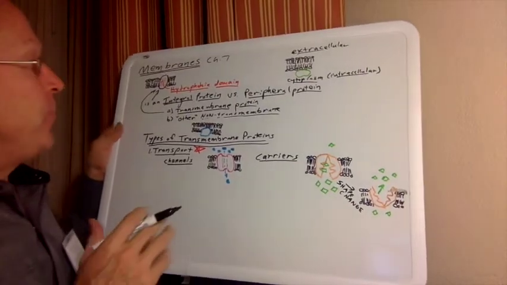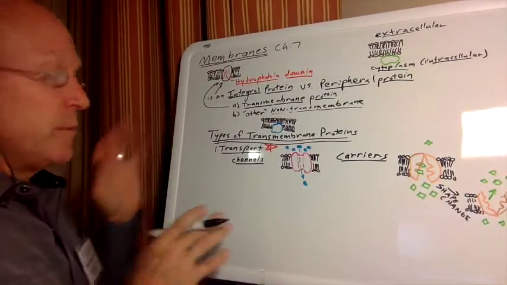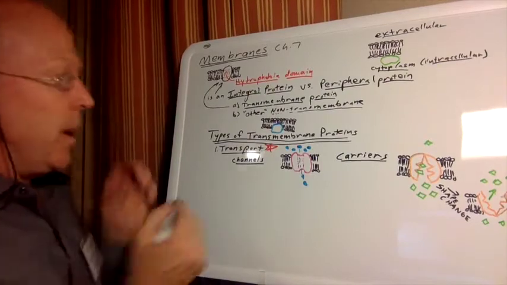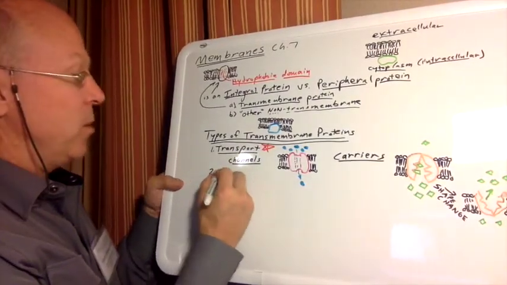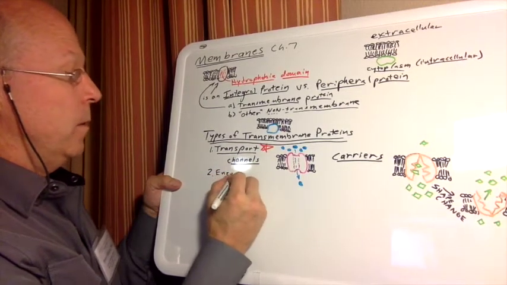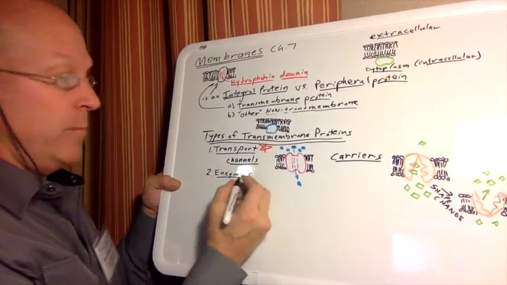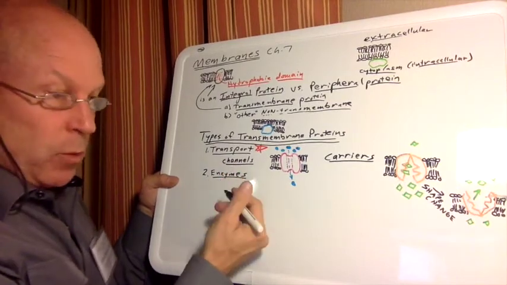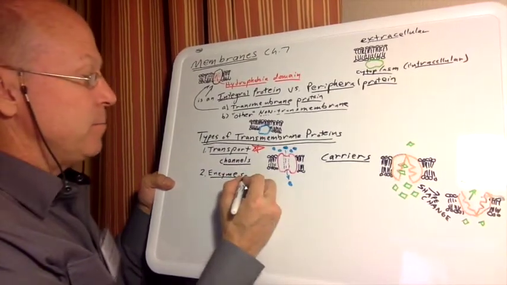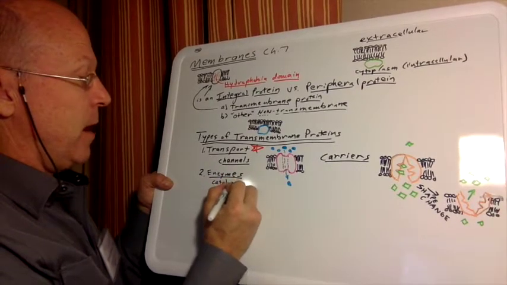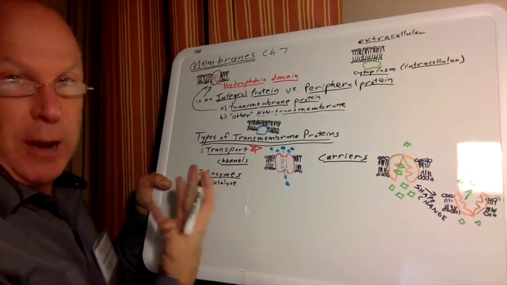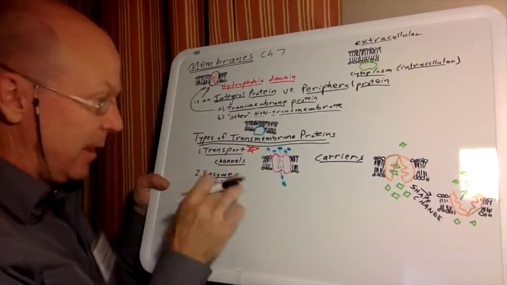Okay, all right, so there's our transmembrane proteins. There's two categories that we have. Let's continue this list now. The next type of thing that we could have there would be called an enzyme. Now, enzymes are going to be special proteins that catalyze biochemical reactions. Catalyze is speed up or make happen. We'll talk about this later.